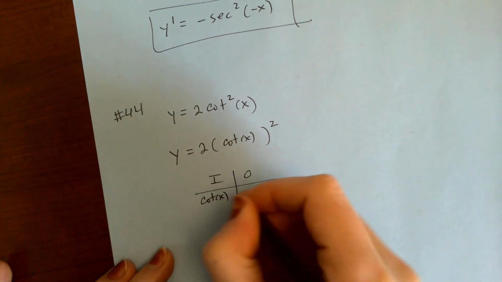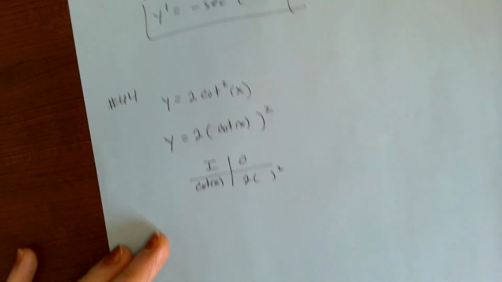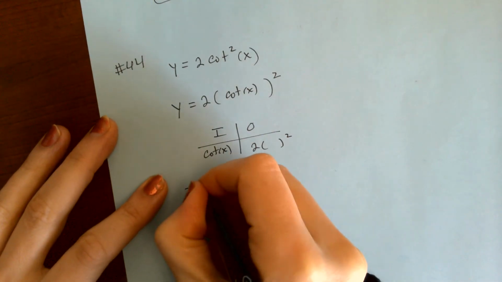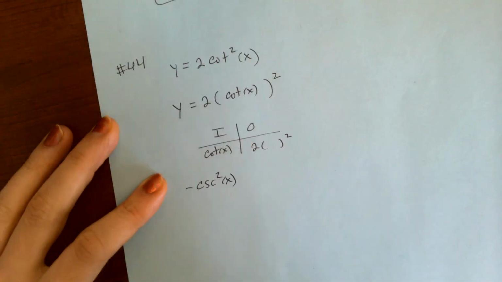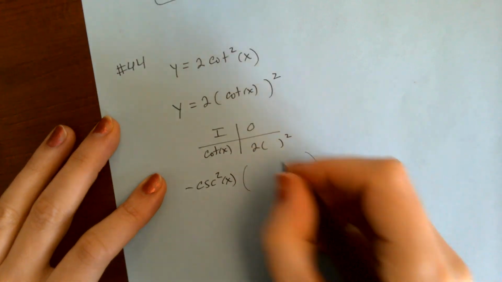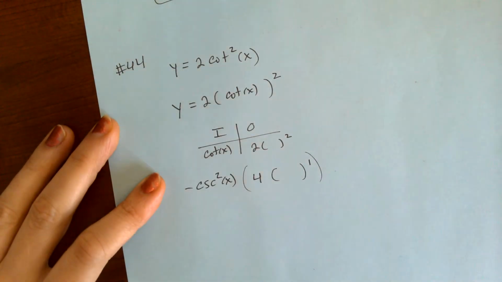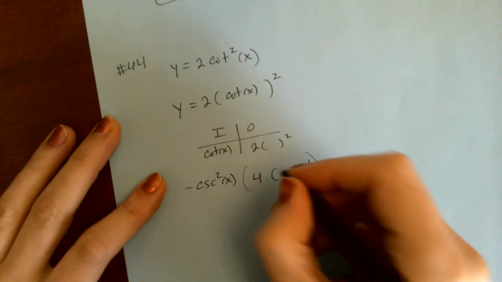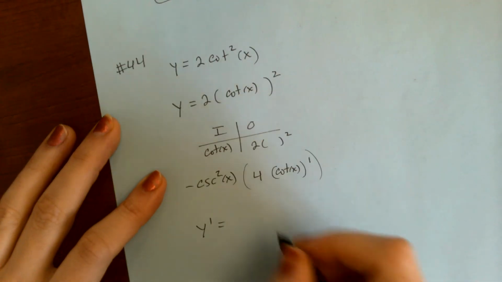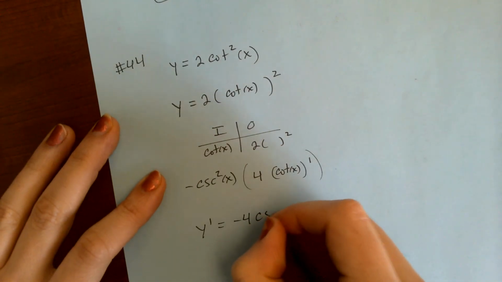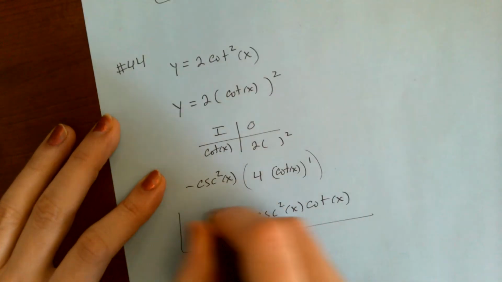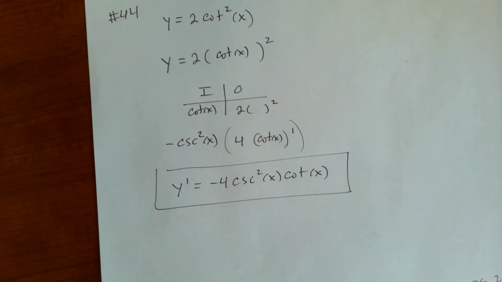The inside is cotangent, the outside is 2 blank to the second. The derivative of cotangent, it's on the front, is negative cosecant squared of x. And then the derivative of 2 blank to the second is 4 blank to the first. And then what goes back in there is cotangent. So y prime is negative 4 cosecant squared of x cotangent of x.